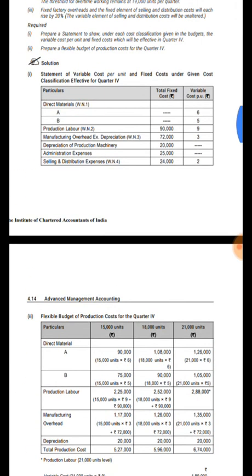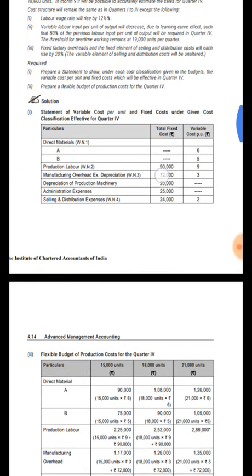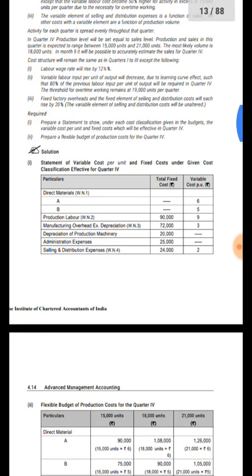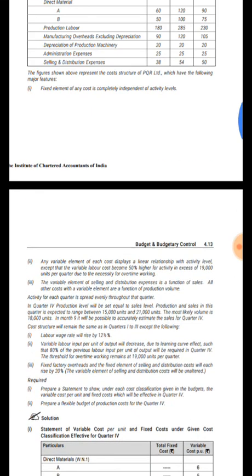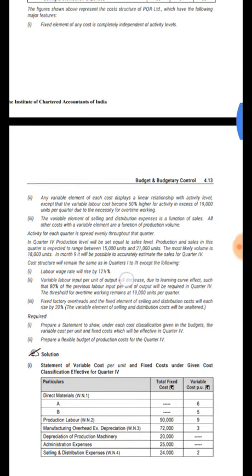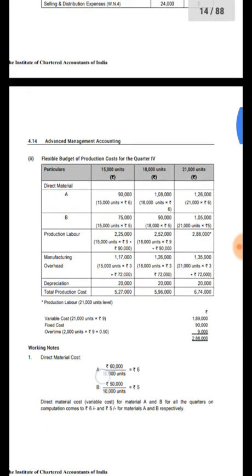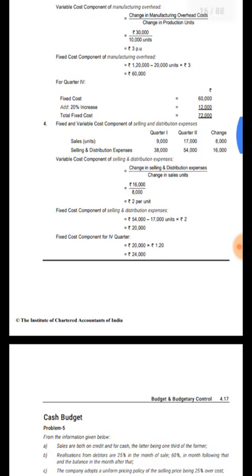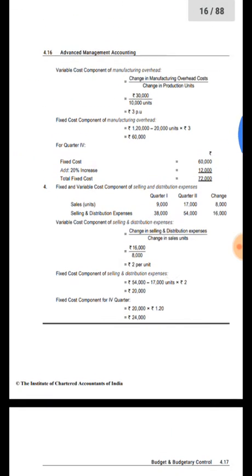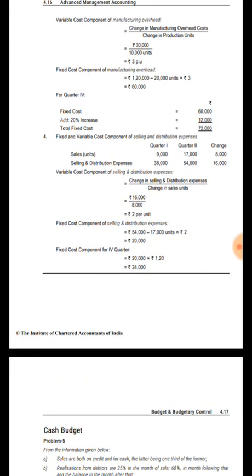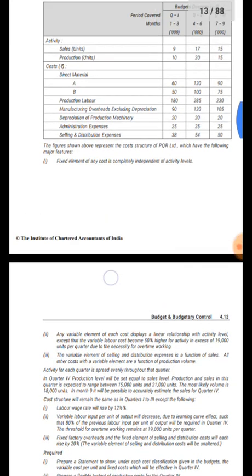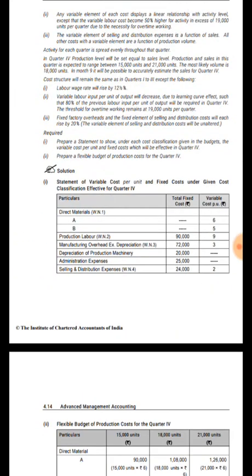Depreciation for production machinery was fixed already, so it won't change and remains the same. Depreciation of production machinery and administration remain the same, both fixed at 20,000 and 25,000 respectively. Then selling and distribution overhead, the last one: 2 rupees variable and 24,000 rupees fixed. So we finish this table.